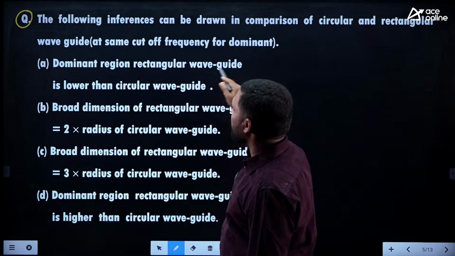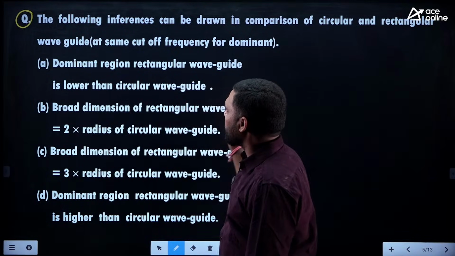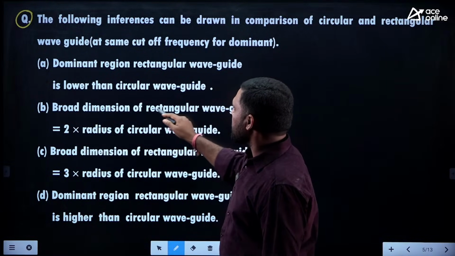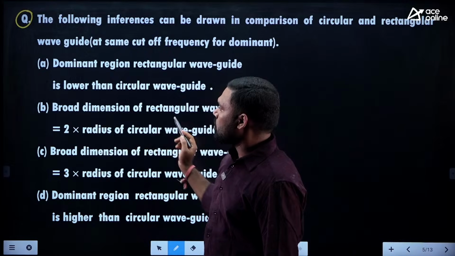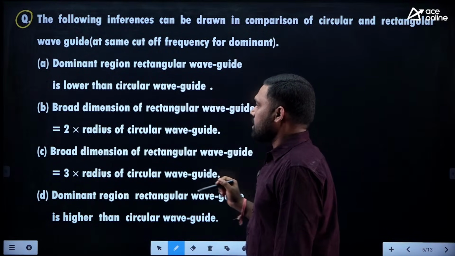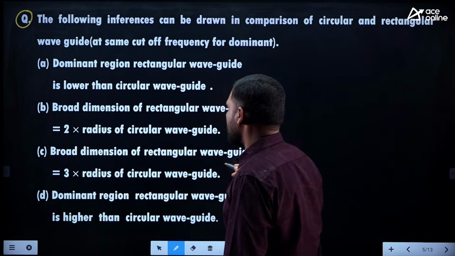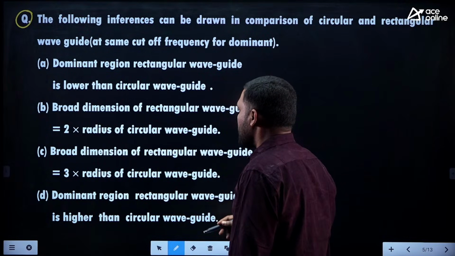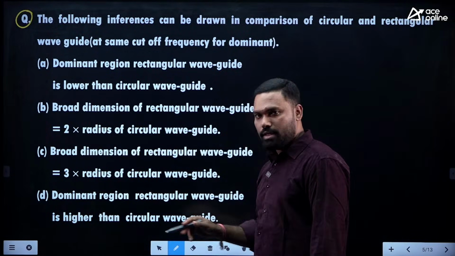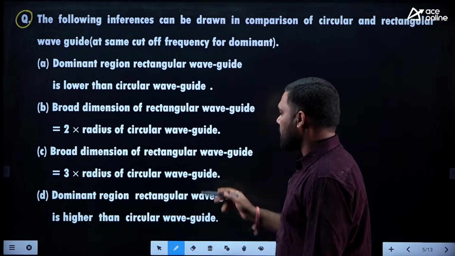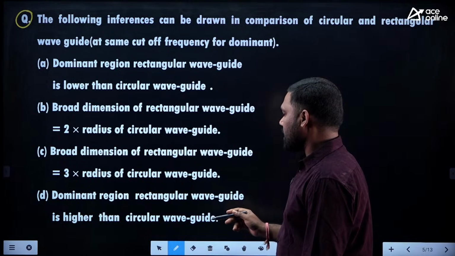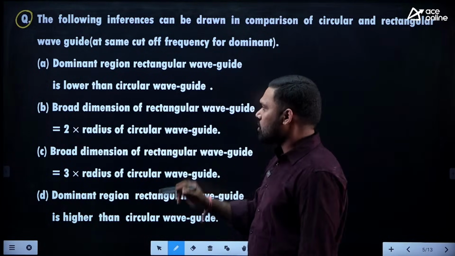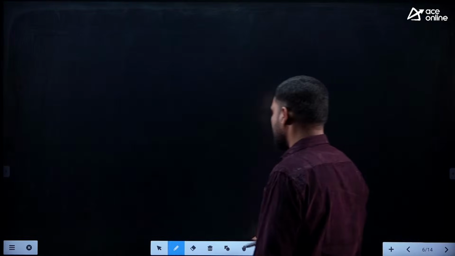Option A: dominant region of the rectangular waveguide is lower than the circular waveguide. Option B: broad dimension of the rectangular waveguide is equal to 2 times the radius of the circular waveguide. Option C: broad dimension of the rectangular waveguide is equal to 3 times the radius of the circular waveguide. The other one is: dominant region of the rectangular waveguide is higher than the circular waveguide. Fine. So a little bit you need to think about that.